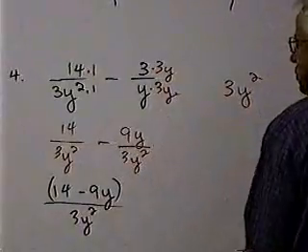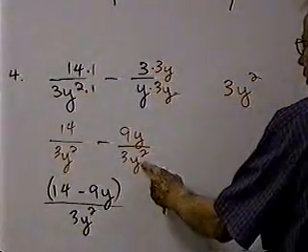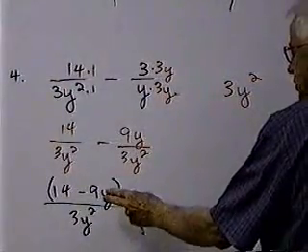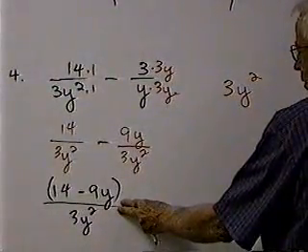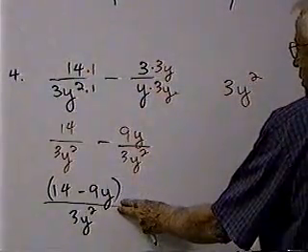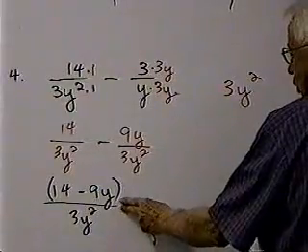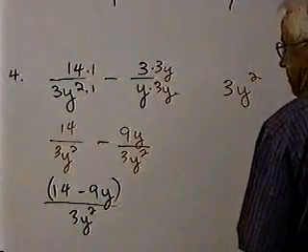Then you just add and subtract the numerators. Now if you don't pick the lowest common denominator, the final answer will always reduce. Sometimes it still does, even with the lowest common denominator. But if you don't use the lowest common denominator, your answer will always be able to be reduced.